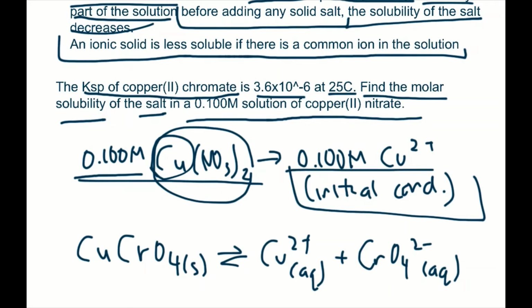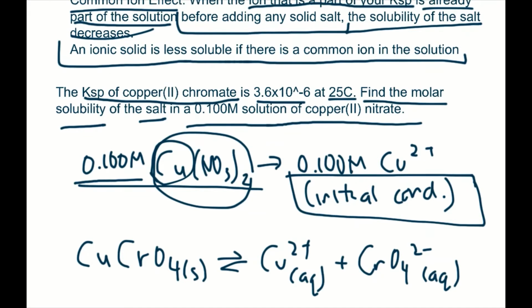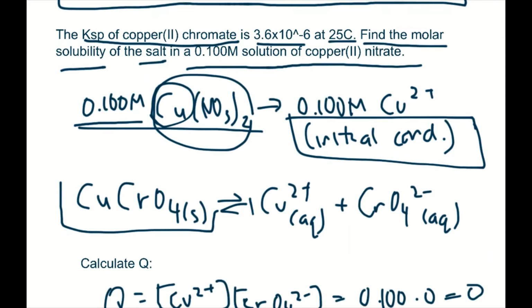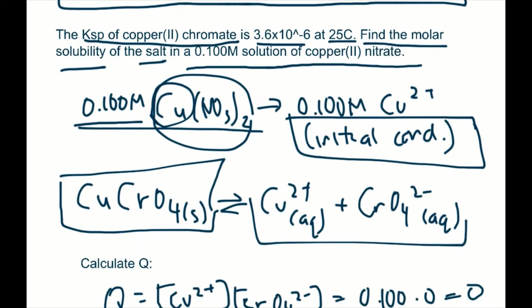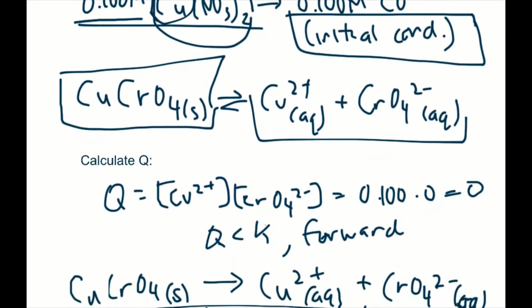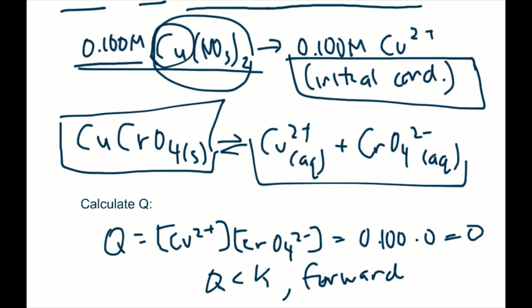So this will be considered our initial conditions. And we could now write the dissociation of copper(II) chromate into its respective ions. If you don't know your ions, go ahead and review that and come back to this video. Now, if you do know your ions, let's keep on going. We could calculate the Q so far.